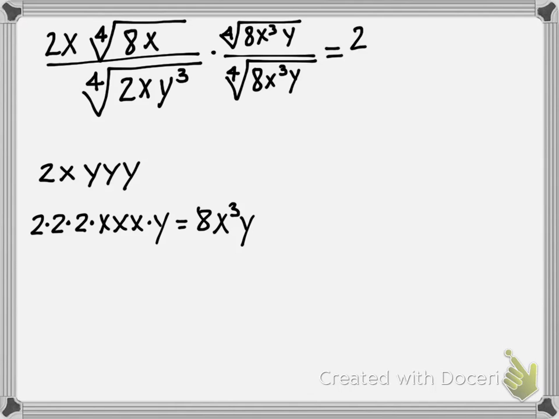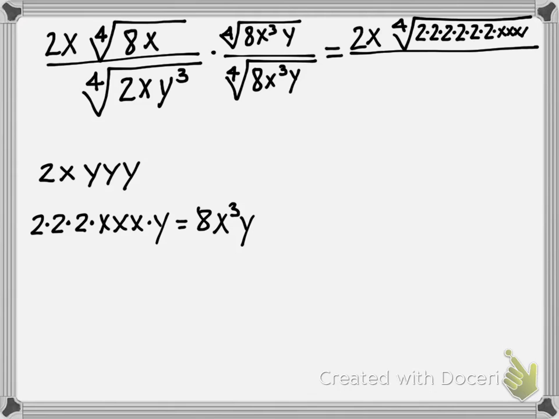Once we multiply them, of course we keep the 2x, which is the coefficient, and the first 8 has the 3 2's, and we know we're going to bring 3 more 2's for the other 8. So we group them like this. And the top has 1 x, and we bring 3 more x and a y.